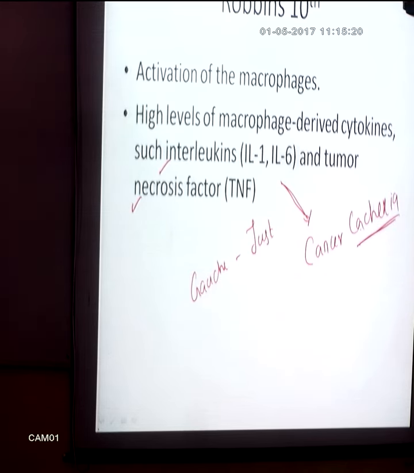That's why the kids are so lean, because TNF and interleukins eat away the flesh, they increase the basal metabolic rate. That is one of the causes of death in Gaucher's. So the entire concept of Gaucher's has changed now.